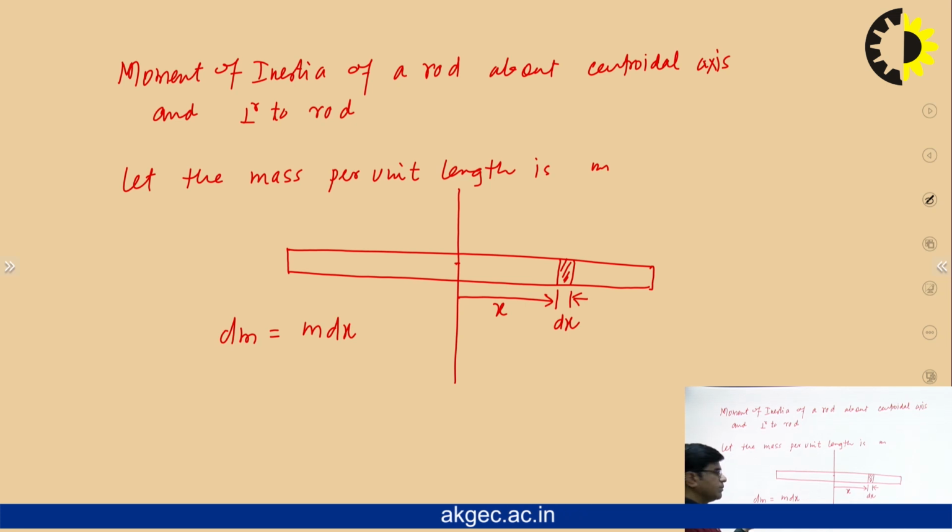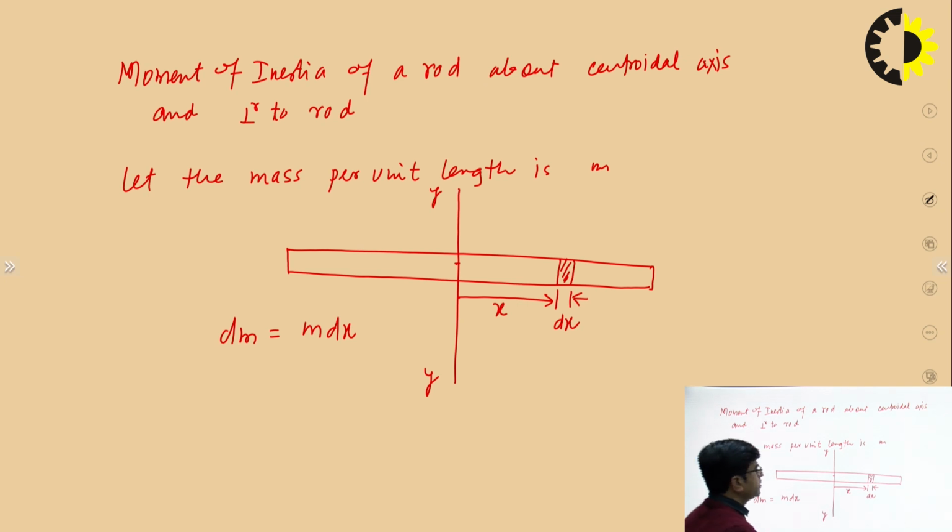So, this is the elemental mass, and it is situated at a distance of x from the vertical axis about which moment of inertia needs to be calculated. Say this is y axis. So, mathematically moment of inertia I_yy is integration x square dm.